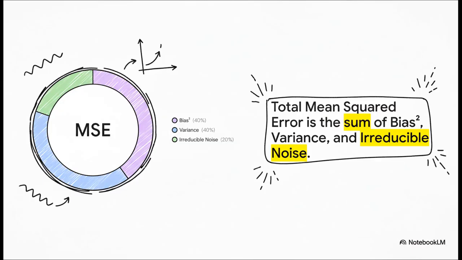And here they are. Our total mean squared error is basically made up of bias, variance, and a little something called irreducible noise. Now, that noise part, that's just the random static that exists in any real-world data. It's the stuff no model, no matter how smart, can ever predict. The parts we can control, though, are bias and variance.